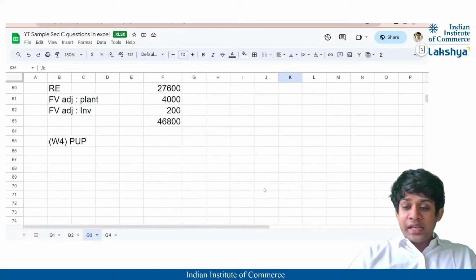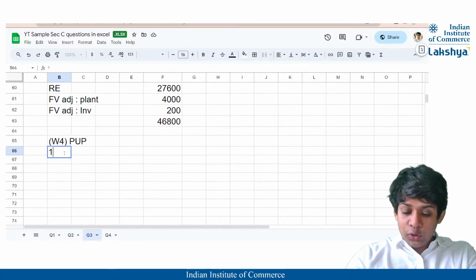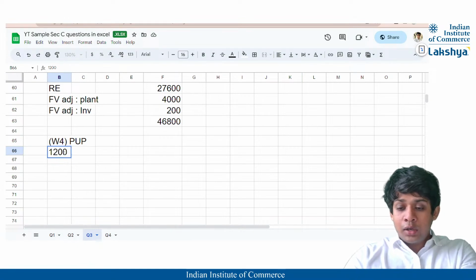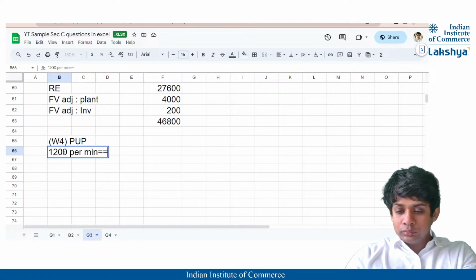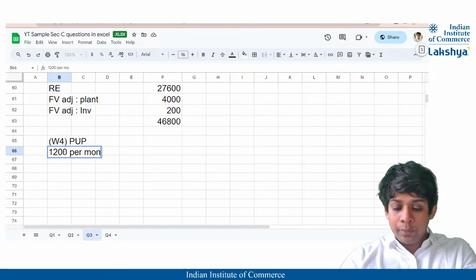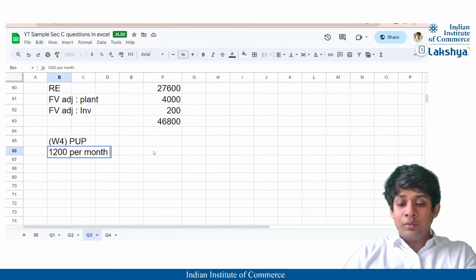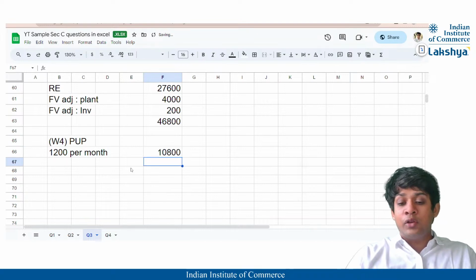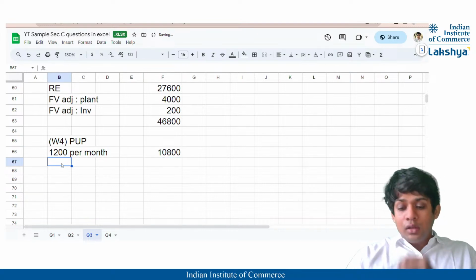Now we'll just calculate PERP here. So 1.2 million per month, or you can just say 1,200 per month. So for the 9 months, it will be 1,200 into 9 months, which is going to give you 10,800, right?